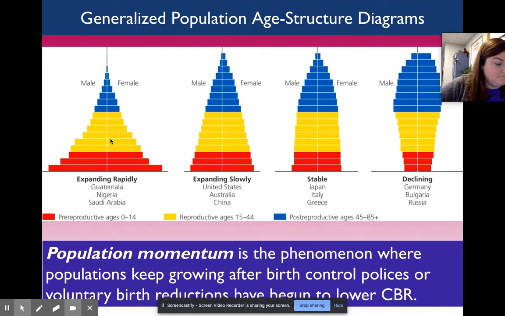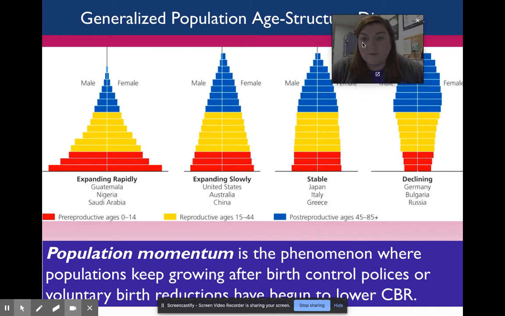The CBR being birth rate. So even when birth control policies are put in place, or even when there's just a trend in that country for people to not have as many children, somehow that population continues to grow from that momentum.